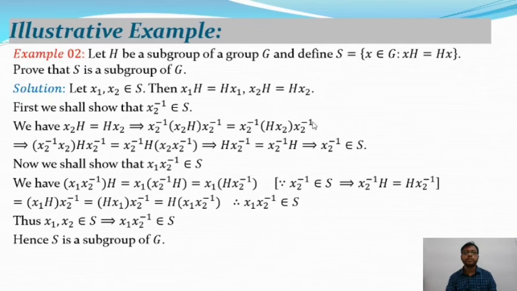Now applying the associative property in the group, and you know that H is a subgroup of G, so H is itself a group. Therefore (x2 inverse x2) H x2 inverse equals x2 inverse H (x2 x2 inverse). Since H is a group, x2 and x2 inverse are both in H, and x2 inverse x2 equals E, the identity element.